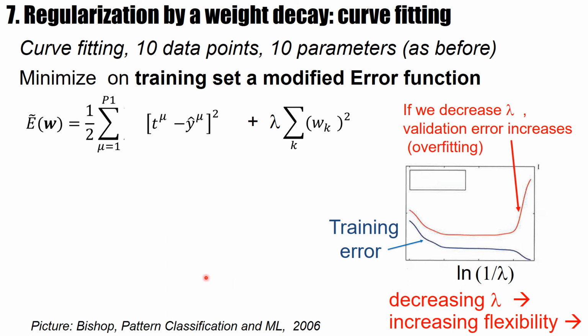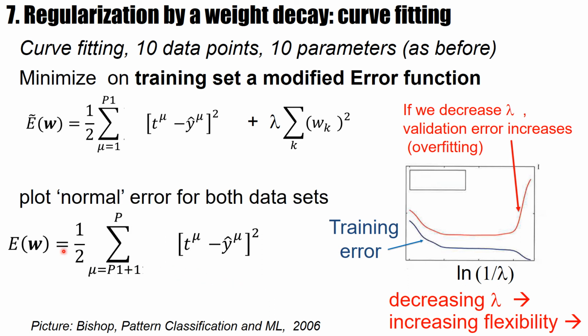So what we plot here is the validation error. This is this function here, and we also plot this error, which means just this part, on the training set, and we see that this goes down. So if I have a very flexible network, I see overfitting.